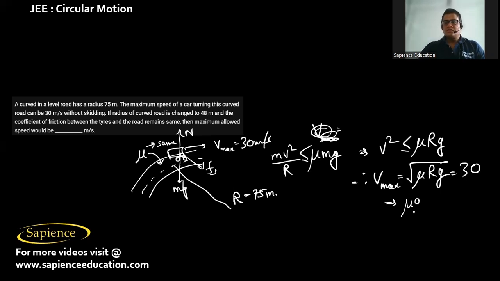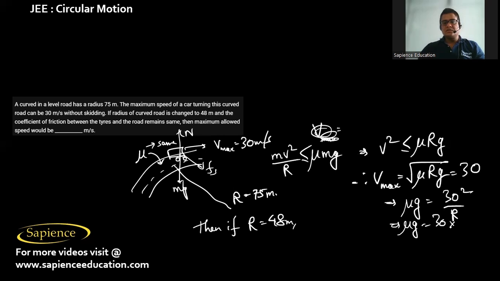So therefore mu g value will be equal to 30 square by r. And then it is told that if the radius is changed to 48 meters, here mu g value will be equal to 30 into 30 divided by 75.